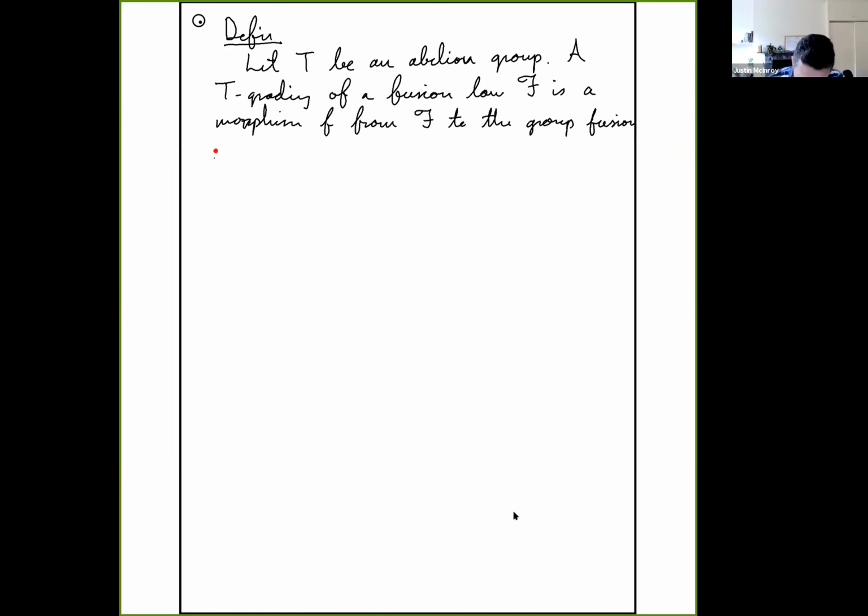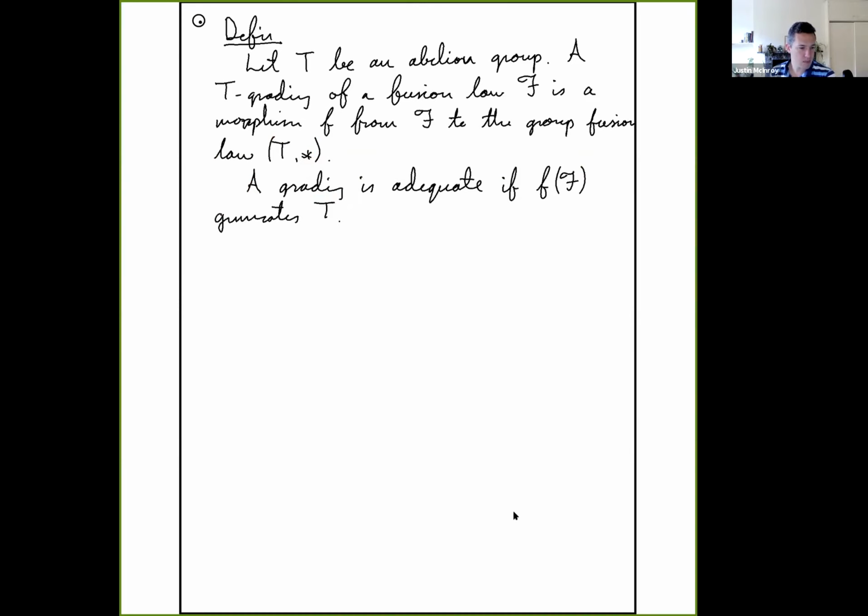And a grading is called adequate if f of F, i.e. the full image, generates T. So, well, why do I want this definition of adequate?